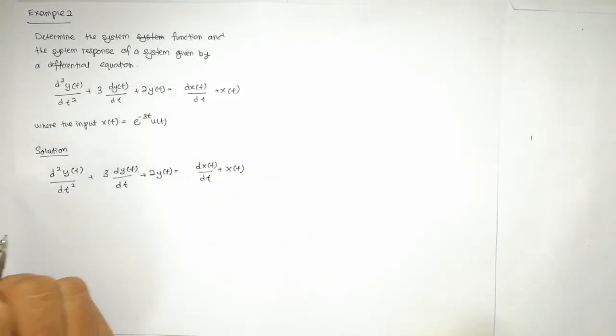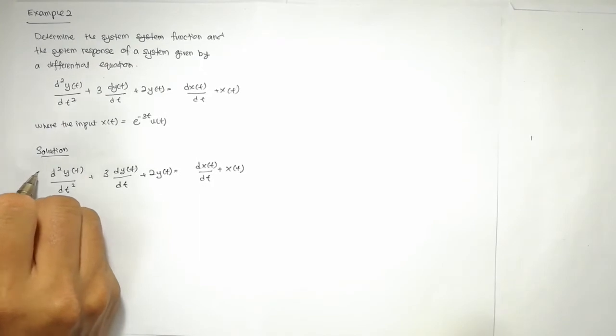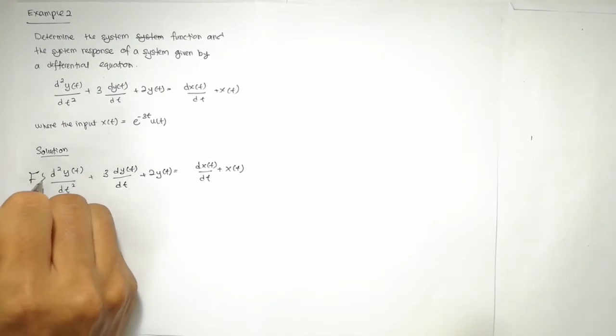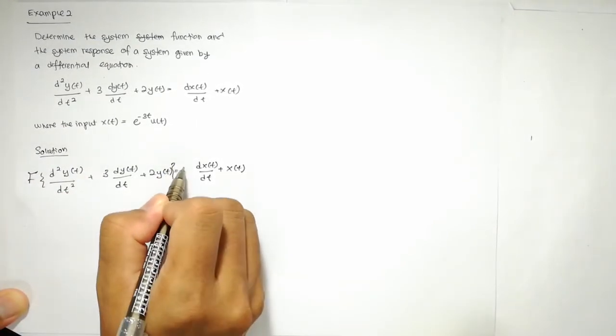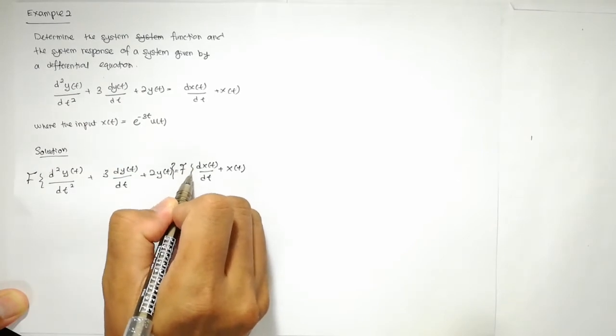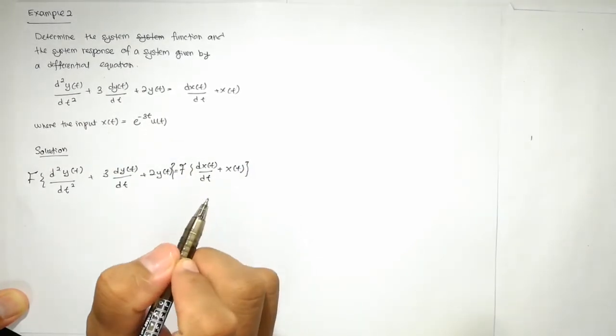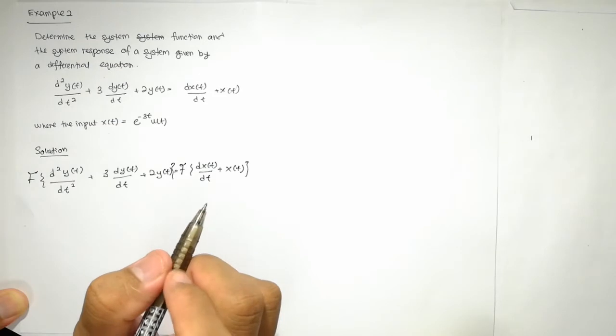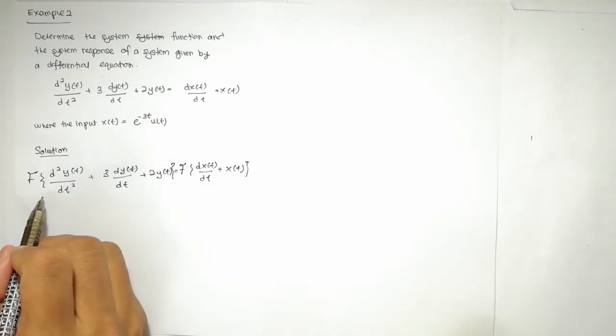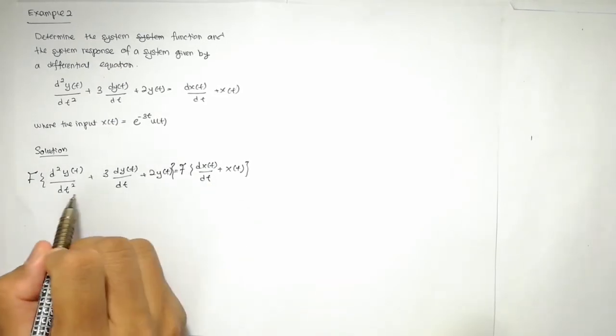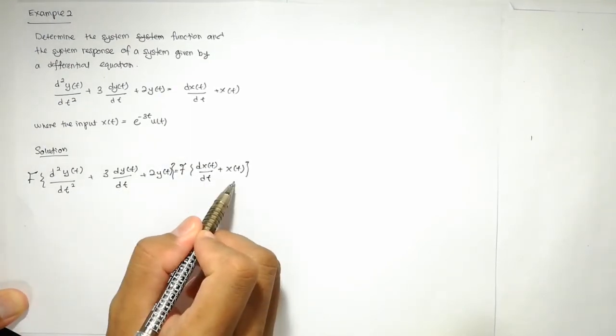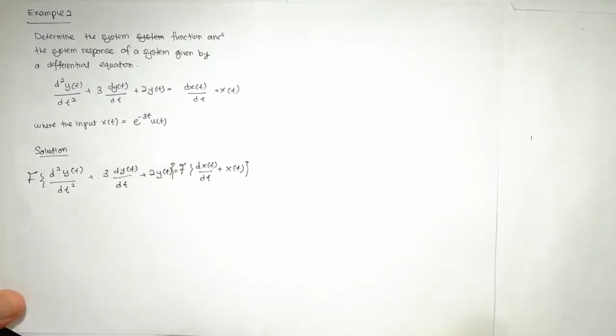The next step is that we need to do the Fourier transform for both sides of the equation. By linearity, we will do the Fourier transform for each of these terms. So let's do the first term.